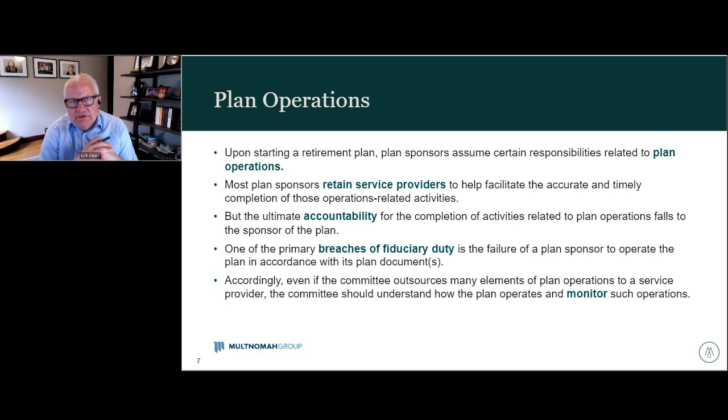And while there's lots of headline attention and ink dedicated to fiduciary obligations and breaches relative to fees or investment performance, the most common fiduciary breach that's found by the Department of Labor has to do with plan operation. So did the plan get operated in accordance with the plan document as drafted?